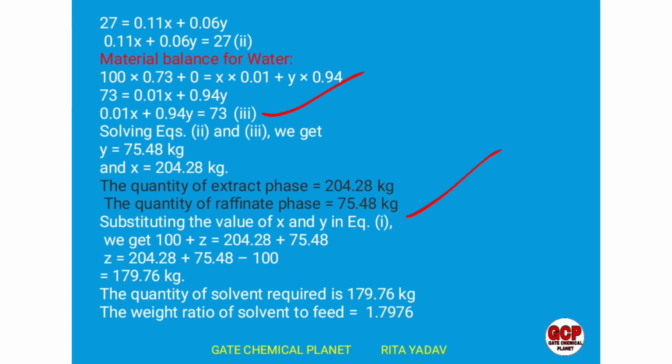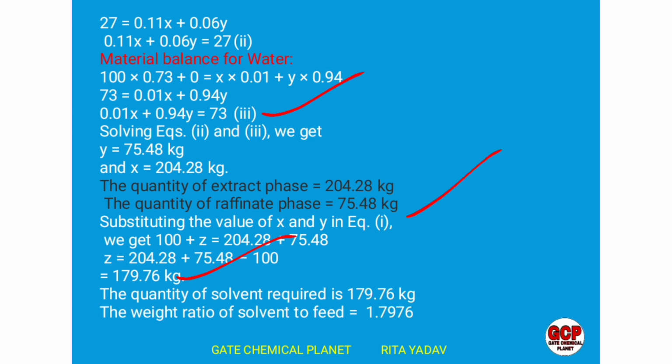Now we put the x and y values in equation 1 to find the value of z. So z equals 179.76 kilograms, because 100 plus z equals 204.28 plus 75.48. In this way we get the value of z very easily.